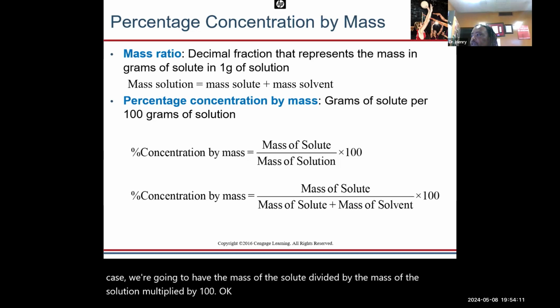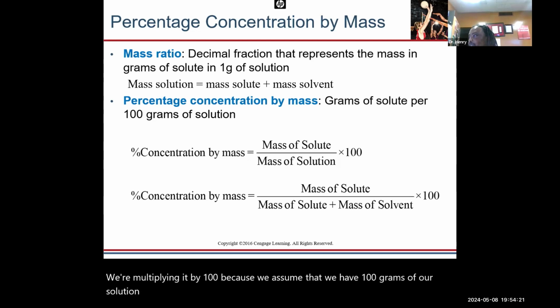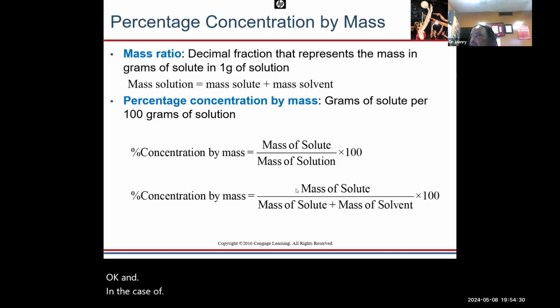And so when we do this, we always make the assumption that we're multiplying it by 100 because we assume that we have 100 grams of our solution, right? And our solution is going to be composed of our solute and our solvent.